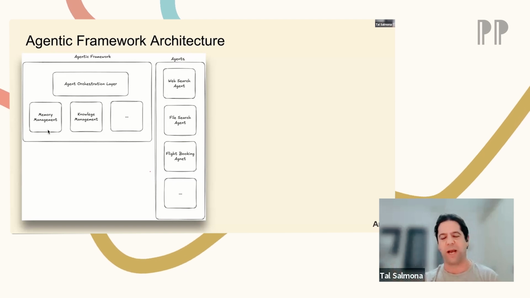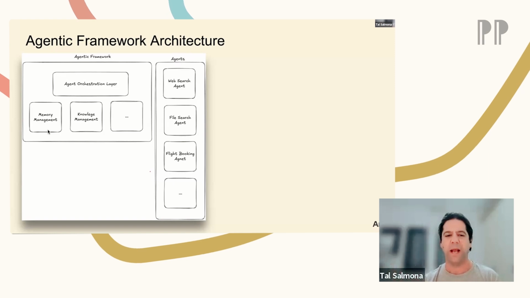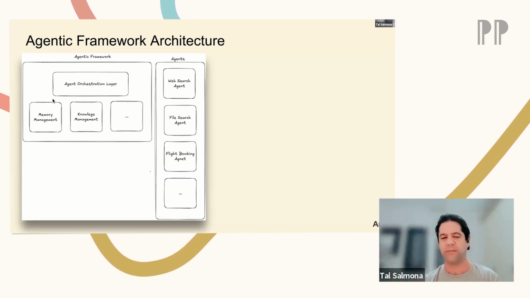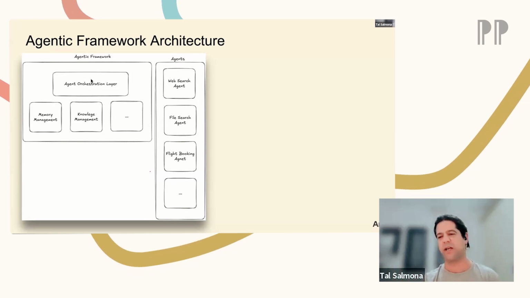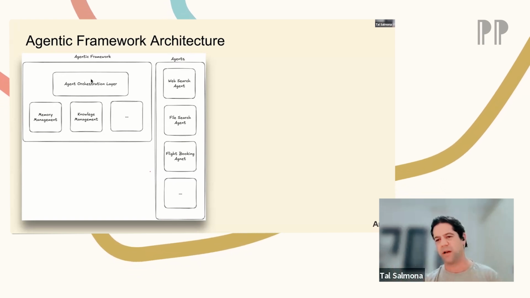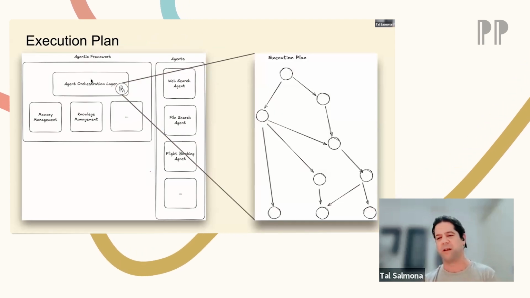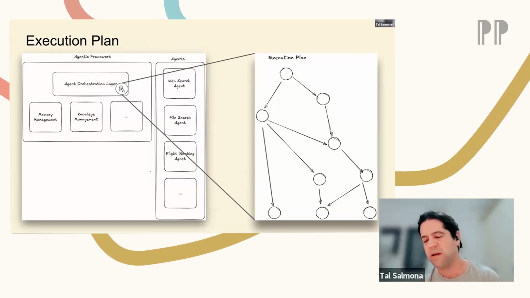These normally share some kind of shared memory or knowledge management. And there is a component here which we'll call an agent orchestration layer. And the role of this orchestration layer is to take the user request and to build something that is usually called an execution plan.